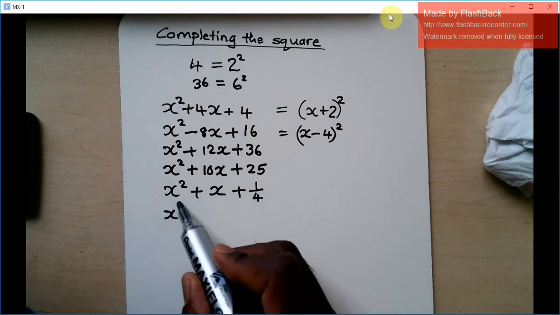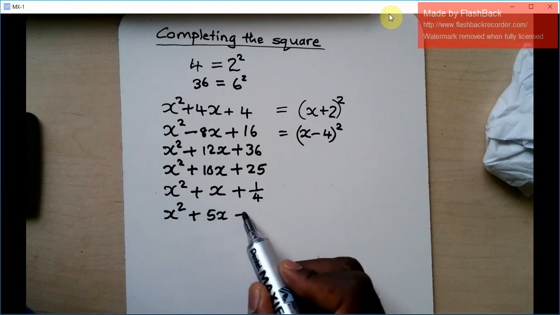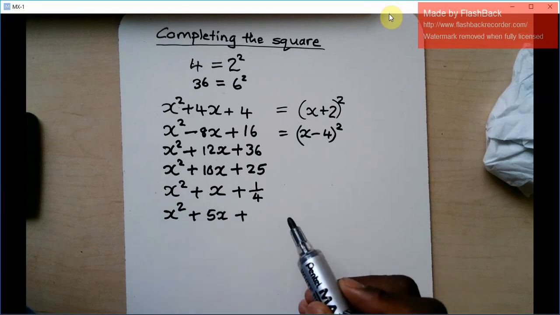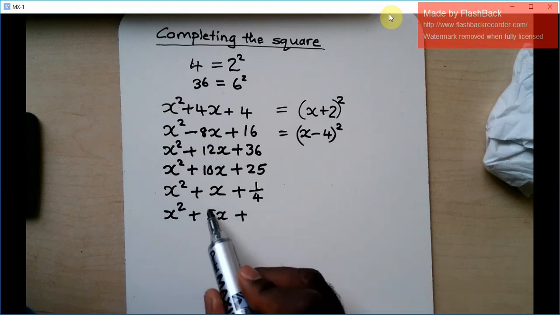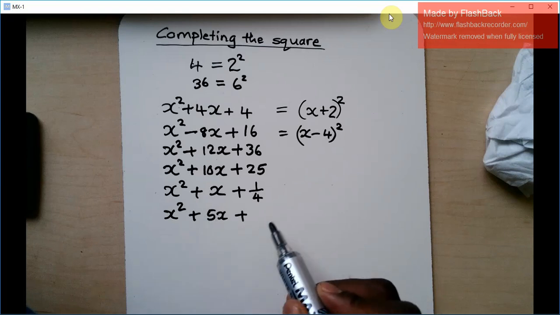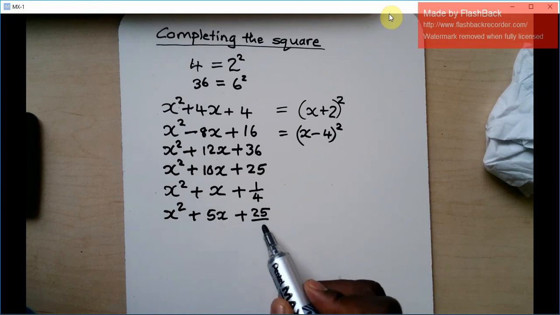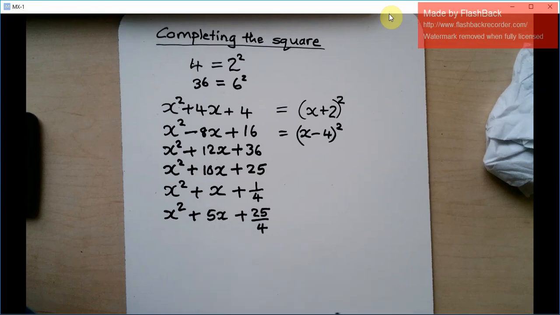Another example is x squared plus 5x. And then plus, now half of 5 is 5 over 2. If you square that, it gives you 25 over 4. Right, and so on.